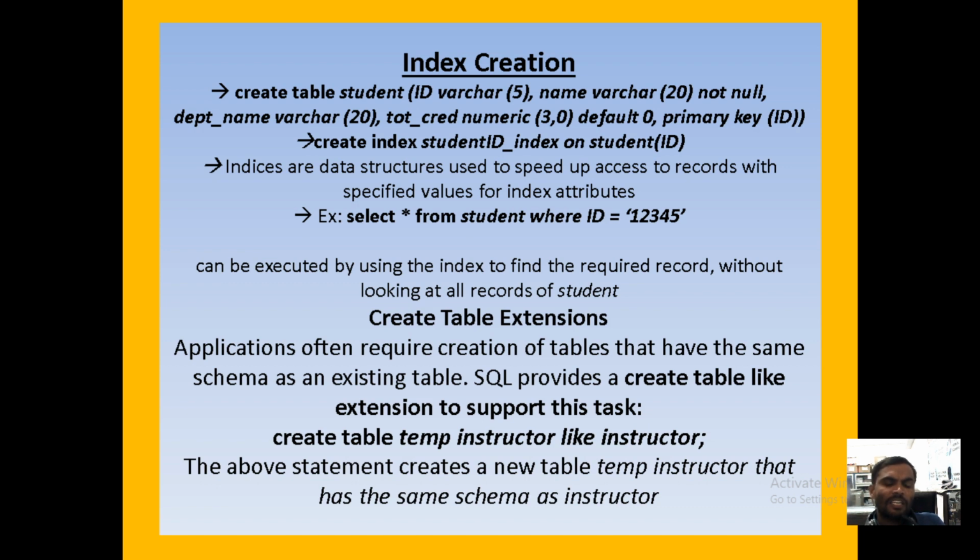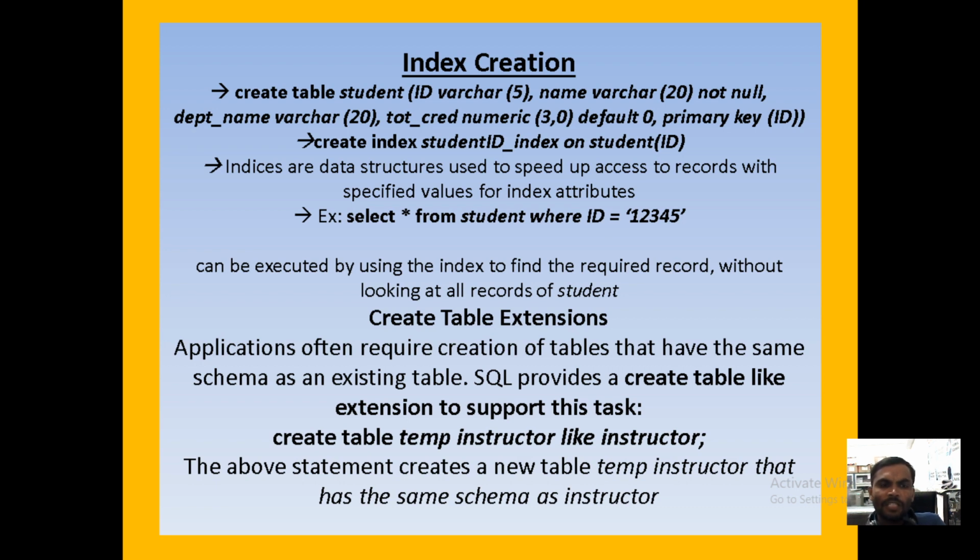Table level constraints are defined at the end of the columns, when you are defining the table or schema. Under table level constraints, the NOT NULL constraint will not work. NOT NULL works at the column level only.